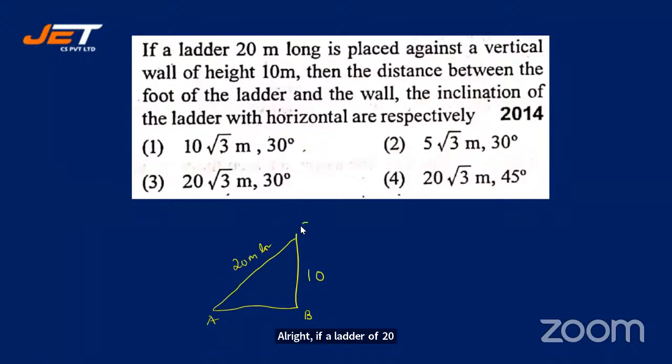Let us assume this to be C. You need to find the base, that is X. I'm sure you'll now be able to find the answer. Do it quickly and give me the answer. 45 seconds, more than that I cannot give you because we are running out of time.